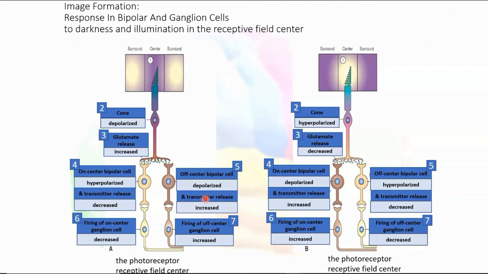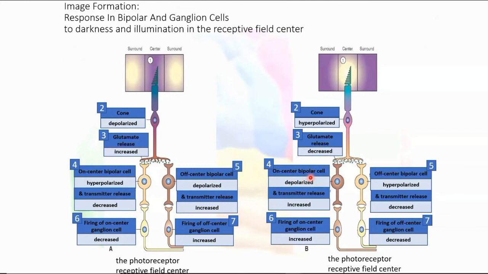These are called off-center bipolar cells because the bipolar cells are active when the light is off in the center of their receptive field, while in the presence of light, photoreceptors are hyperpolarized and they release less glutamate and excite the on-center bipolar cells.